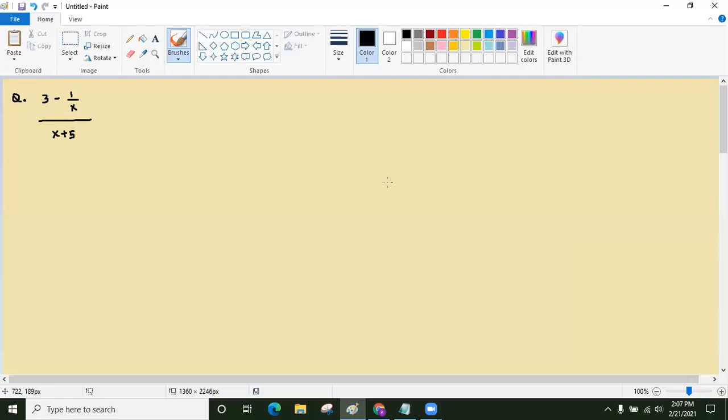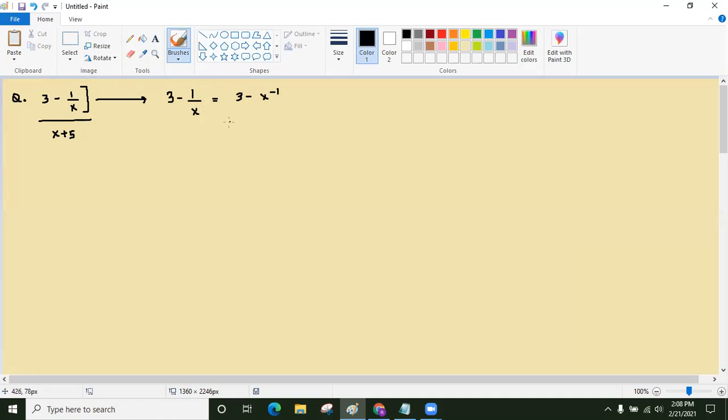So we are thus faced with another problem of similar form, and by now you would note that it's better to actually rewrite this. If we were to rewrite the numerator, we could express 3 minus 1 over x as simply being 3 minus x to the negative first.